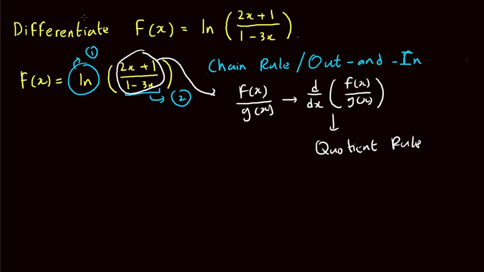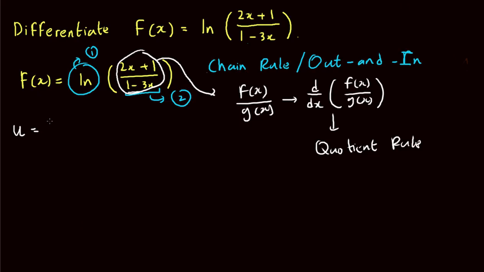So this will take a bit of time, and in this case we have to substitute this function, in terms of f(x) over g(x), into a much more differentiable function. So I'm going to call this u.